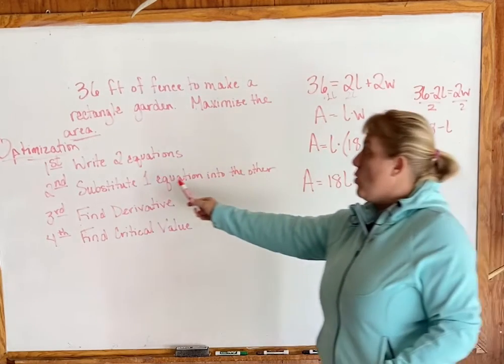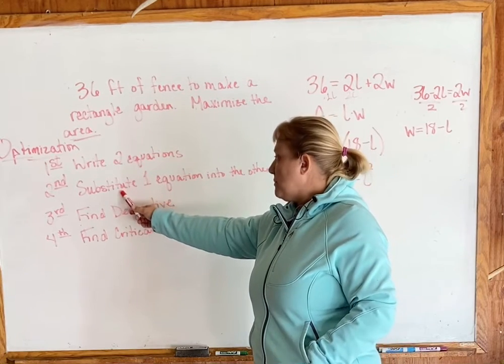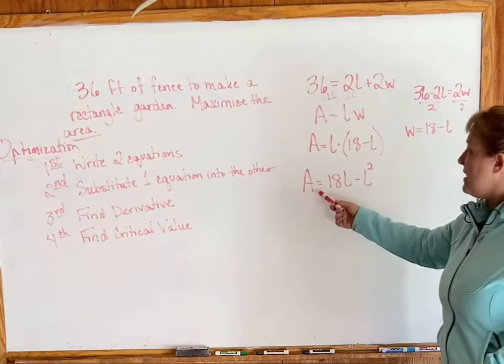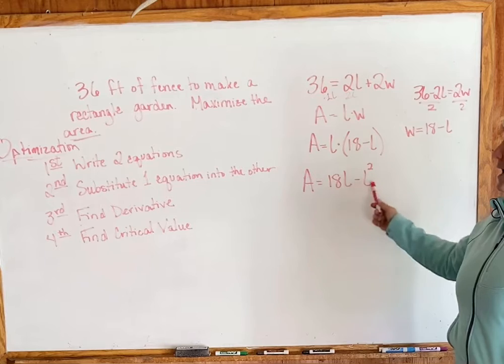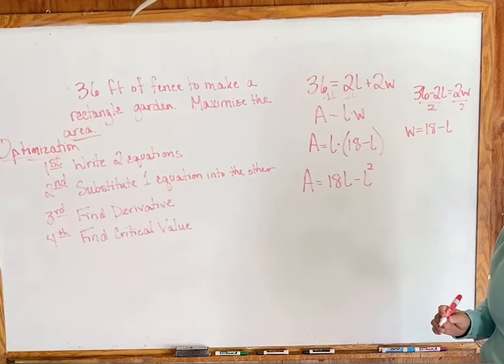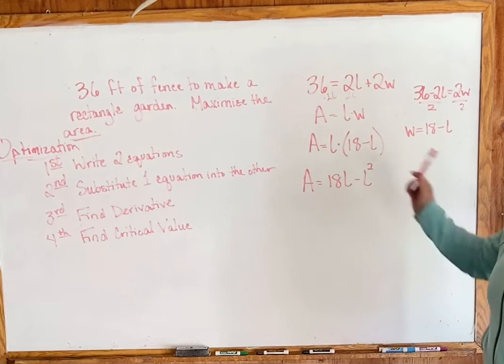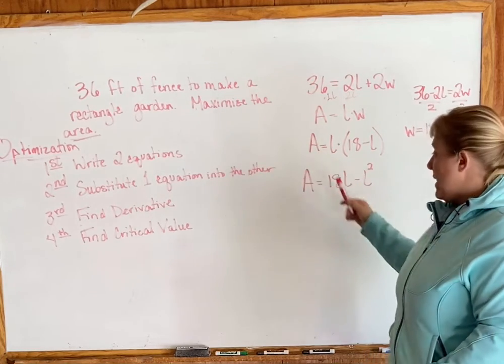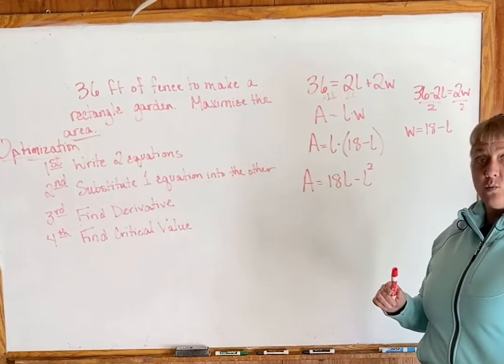So we used the perimeter equation and substituted it into the area equation, and now we just have L's instead of L's and W's. Area is the function that we're interested in because we want to maximize the area. So we've got the equation we want.